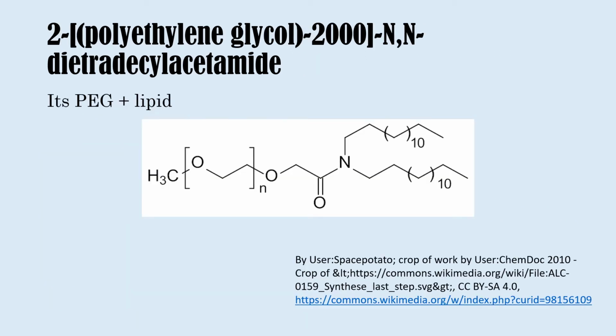So the second one is something that's a little bit easier to understand, and it is 2-polyethylene glycol 2000 diacetoamide. I hope I spelled it correctly here. So polyethylene glycol, or PEG, is a surfactant. So it can polymerize.